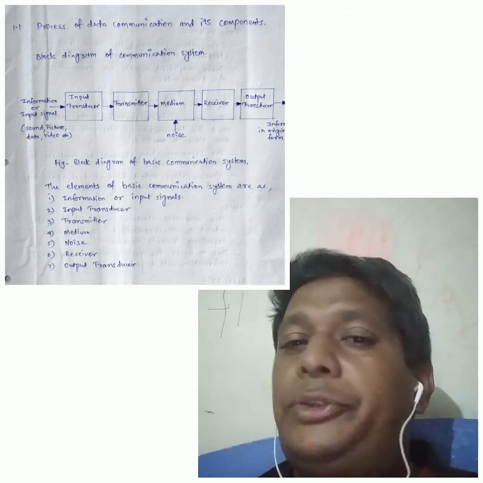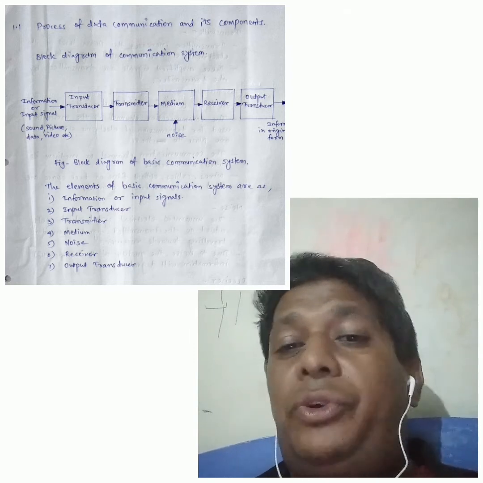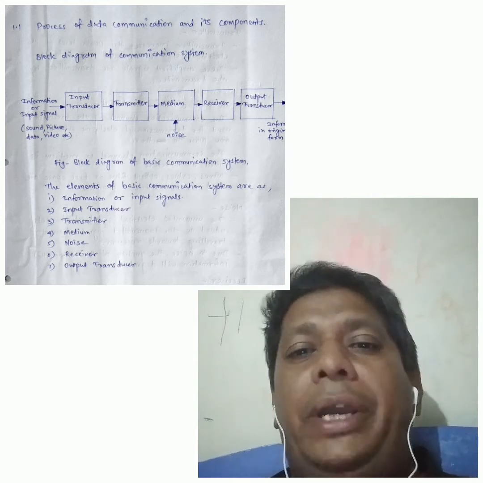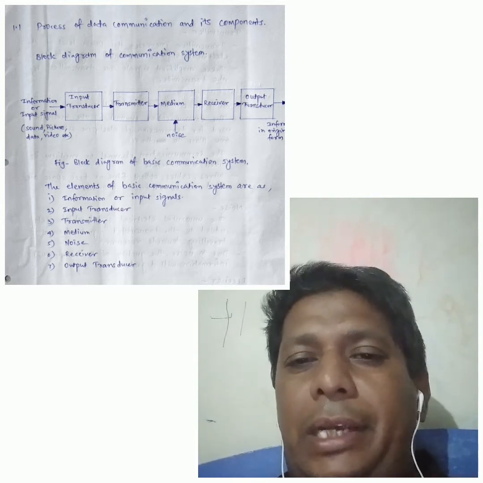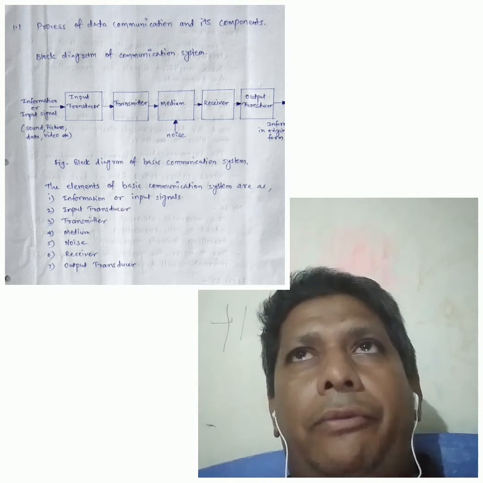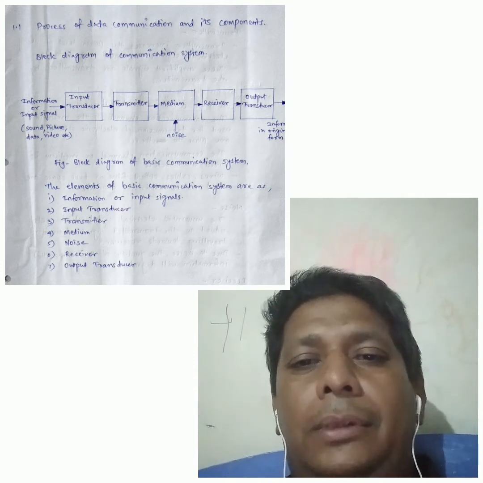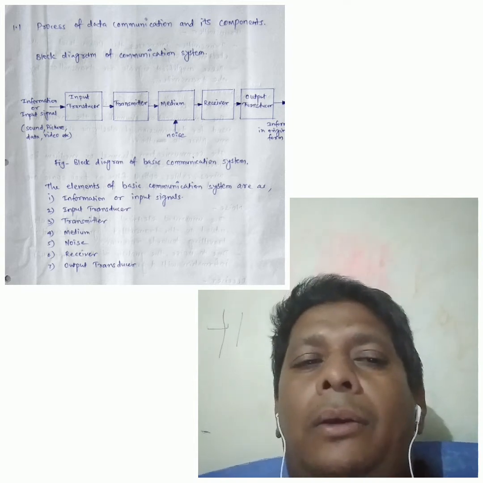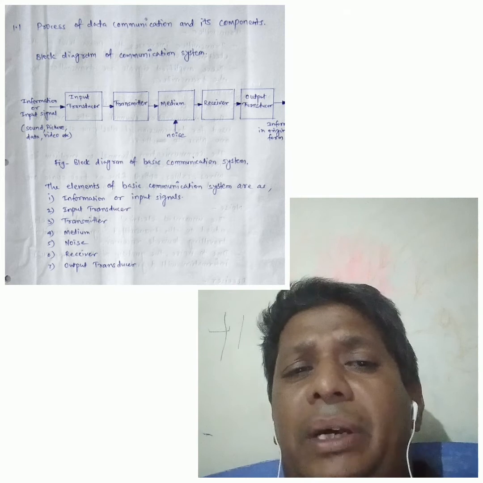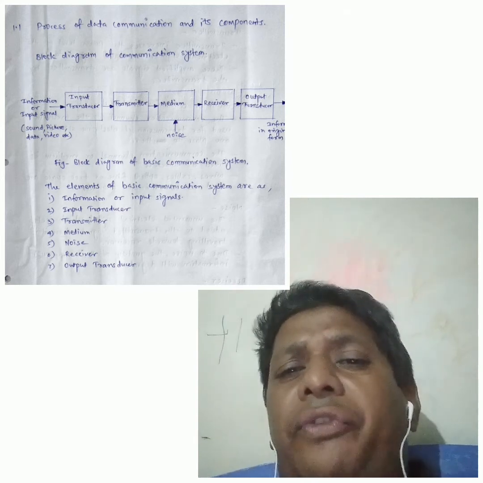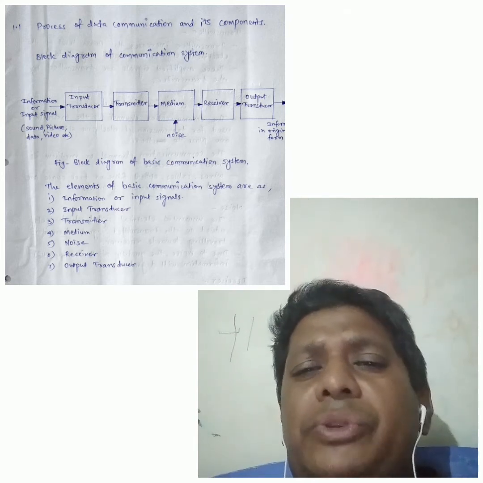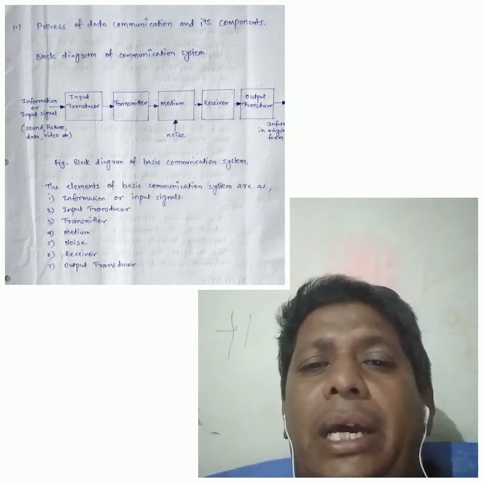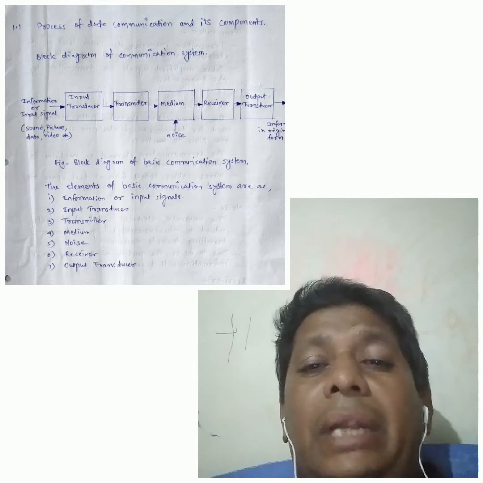Wired means there is use of wire, and wireless means there is no use of wire, that is, through the air. Mobile communication is one example of wireless communication, and the landline telephone is an example of wired communication. Wires, cables, optical fibers, or free space through the air are used as a communication channel or medium.